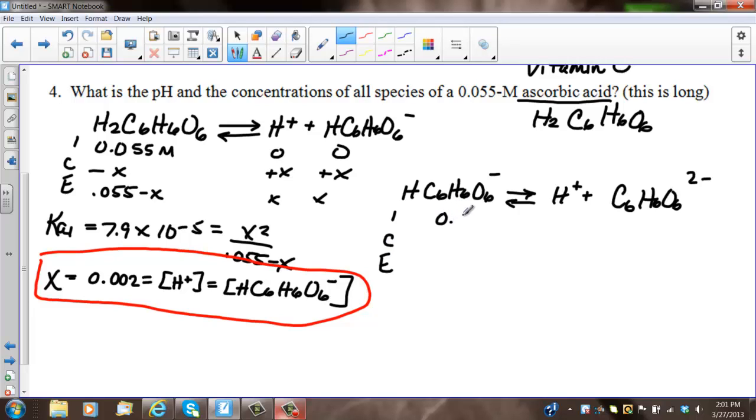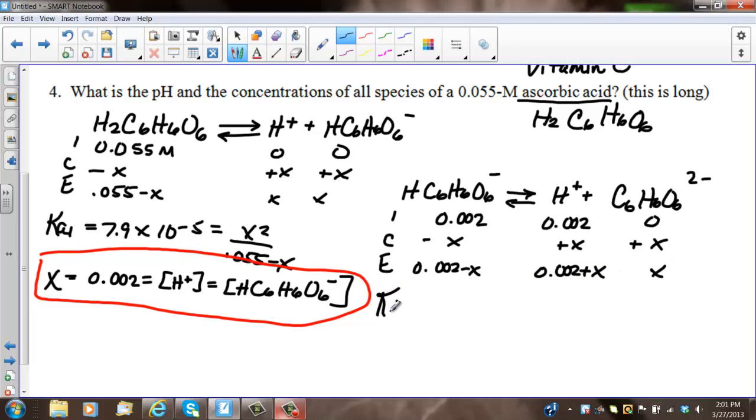So this is going to be 0.002, this is 0.002. There's none of this yet. This is minus x, plus x, plus x. So this is going to be 0.002 minus x, and this is 0.002 plus x, and this is simply x.